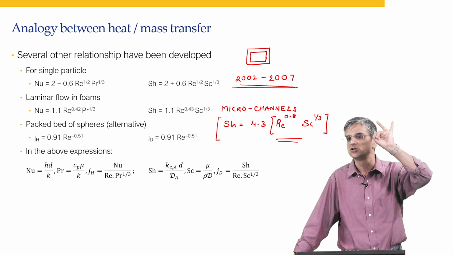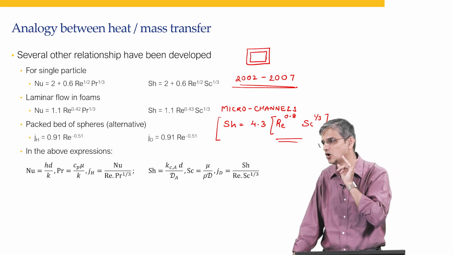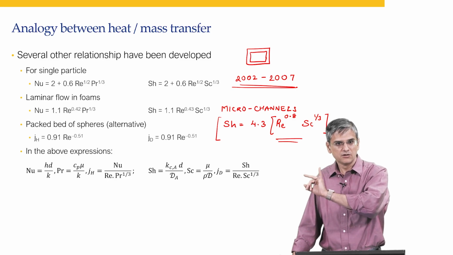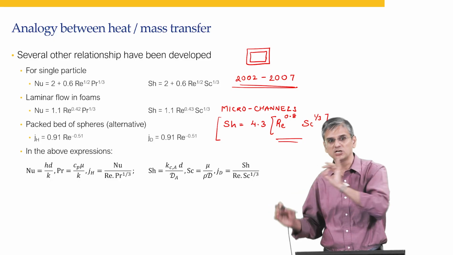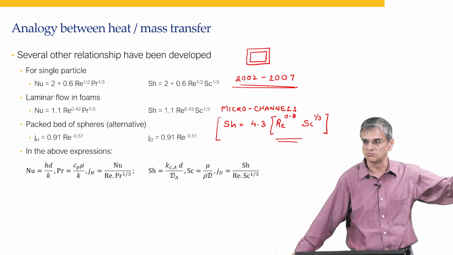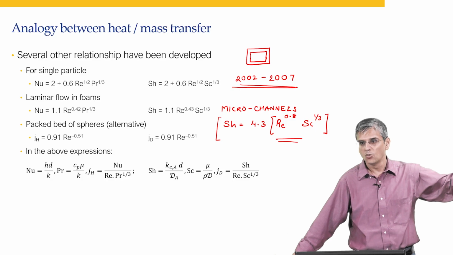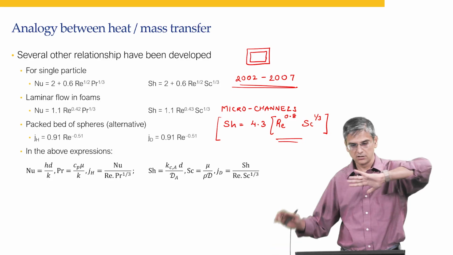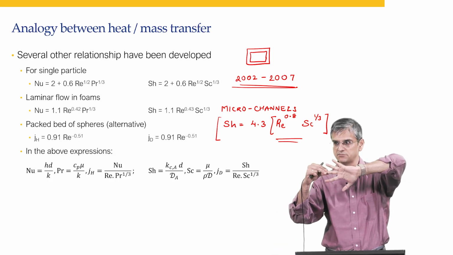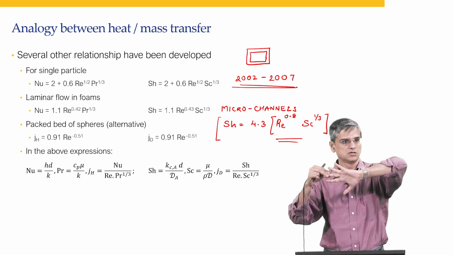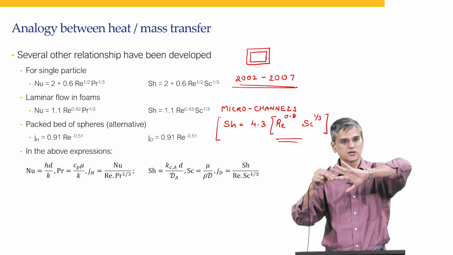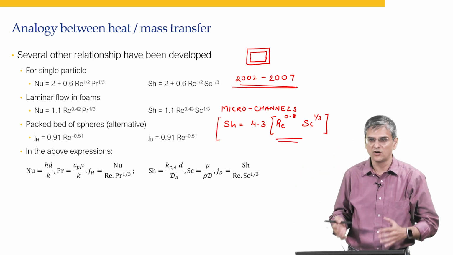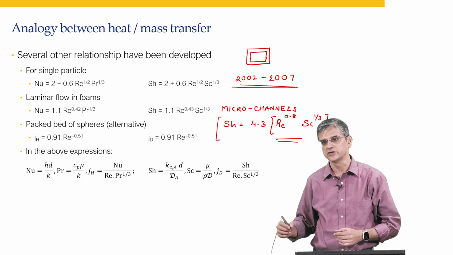From that, you used different expressions based on the situation, based on the geometry. You used a different equation, but in all cases, you got the Sherwood number. Once you got the Sherwood number, you calculated your kg. This part remained the same, this part changed based on the geometry, and this part also remained the same. So you could follow a particular uniform way of doing things.